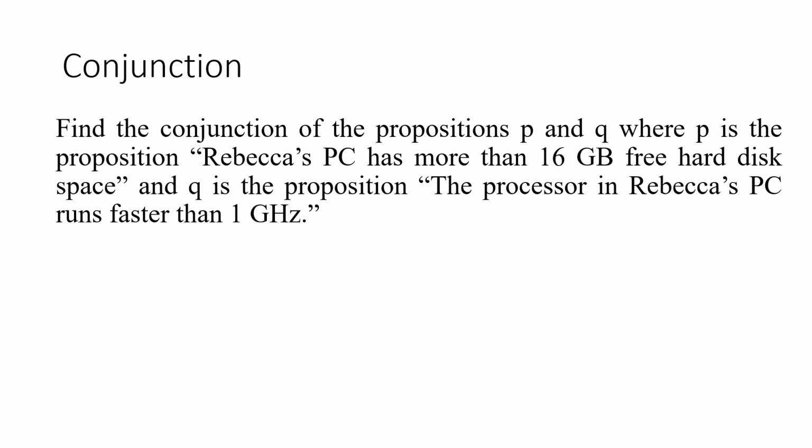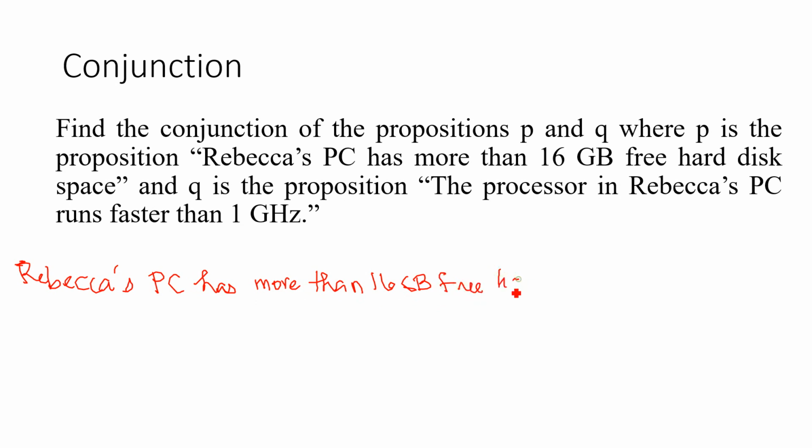So for our solution, the conjunction of the propositions P and Q is the proposition: Rebecca's PC has more than 16 gig free hard disk space, and the processor in Rebecca's PC runs faster than 1 gigahertz.